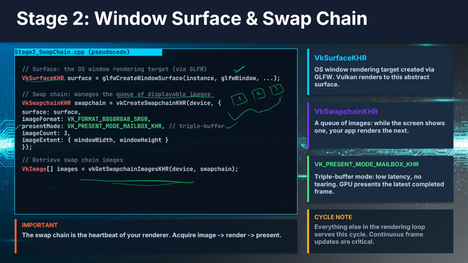In layman terms, it allows you smooth animation and continuous rendering, okay. So this is specifically triple buffering. That means the GPU always shows the latest completed frame buffer, without any latency problems or tearing problems, okay. So we are indicating to use triple buffering here.